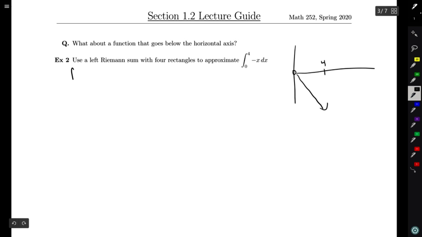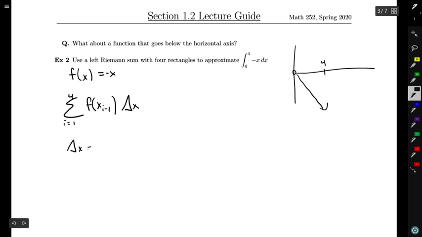So if we're working with our integrand here, being the function minus x, then our Riemann sum with 4 rectangles says take the sum from i equals 1 to 4, since we have 4 rectangles, of f of x sub i minus 1, since it's the left Riemann sum, times delta x. So we have a couple questions, which is what exactly are the xi's, and what is delta x here?